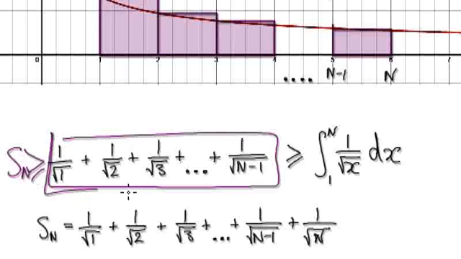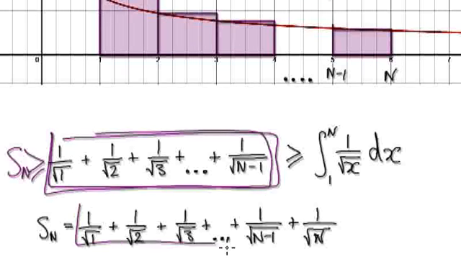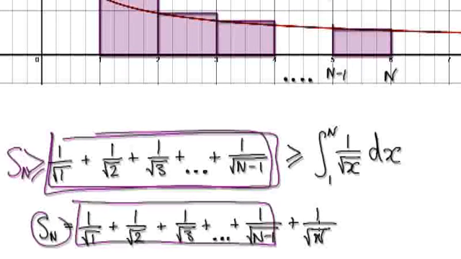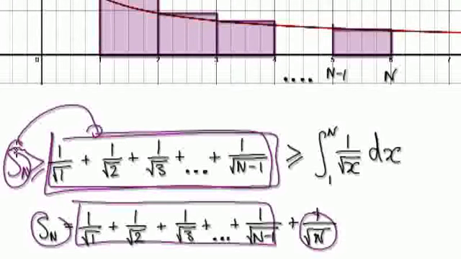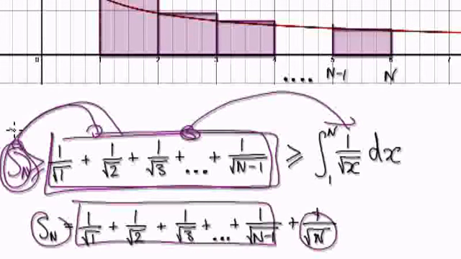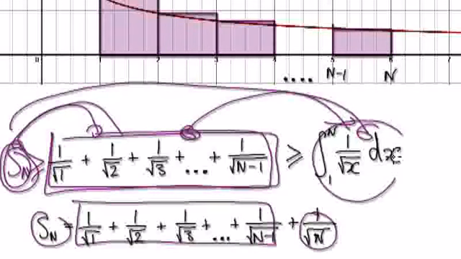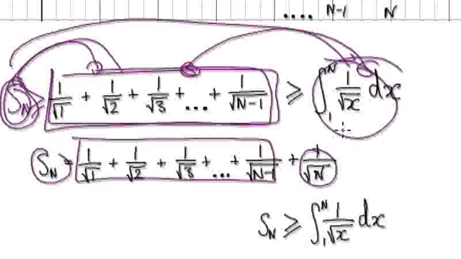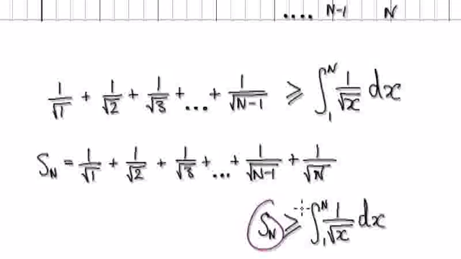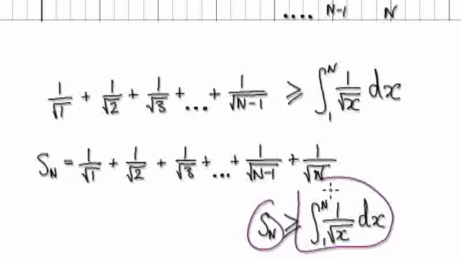It is exactly the same as this, but Sn has an extra part. So if Sn is bigger than this, and this thing here is bigger than this, then I can say Sn is actually bigger than this thing here.